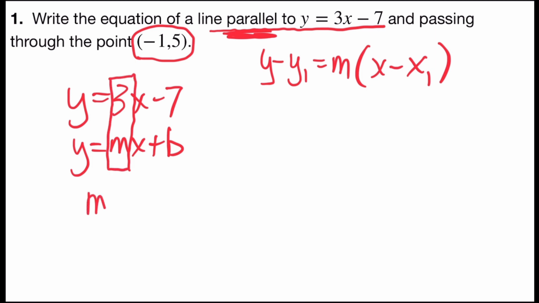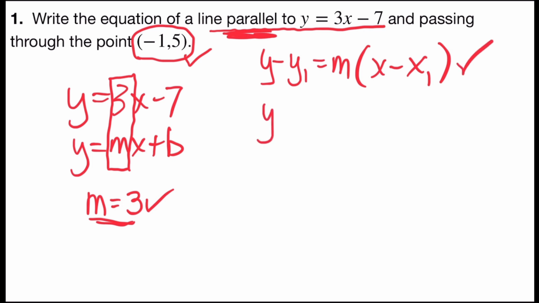So I know that the slope of the line given is 3, and any line parallel to that is also 3. So I'm going to use the point -1, 5 and a slope of 3 in my point-slope form.